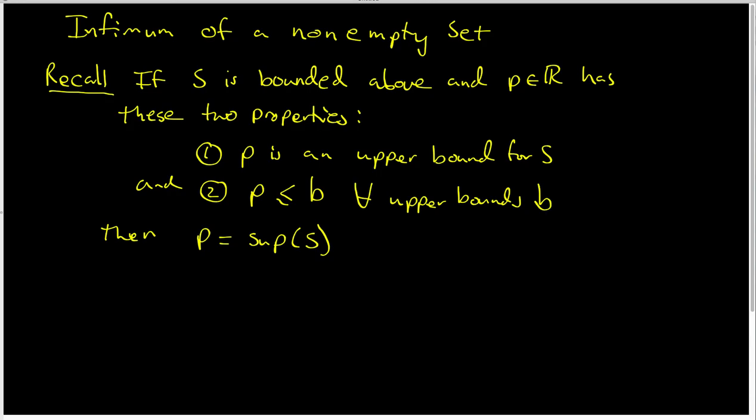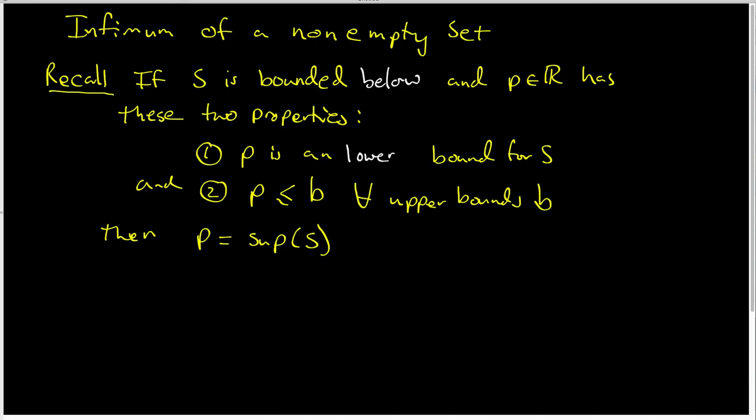So what we're going to do is change bounded above to being bounded below. Let me make my handwriting just a little bit better. If I'm going to have S bounded below, then I'm going to want to look at P being a lower bound.